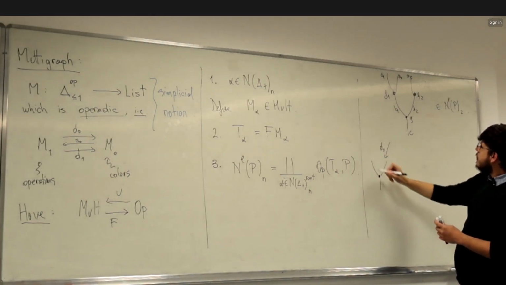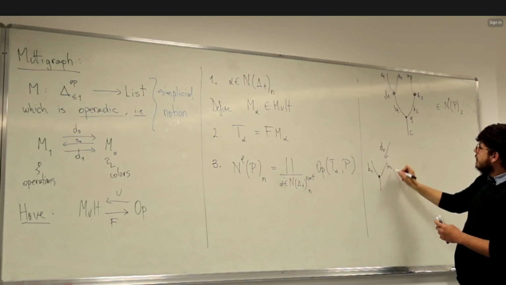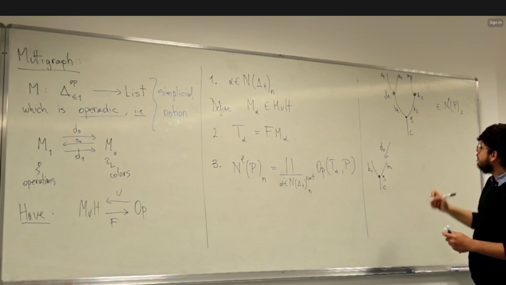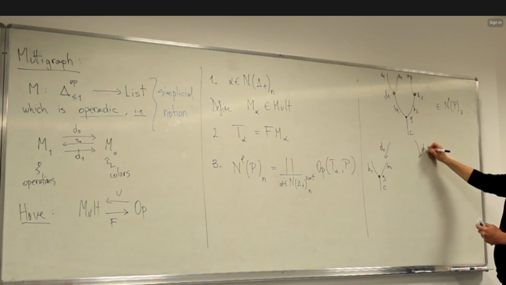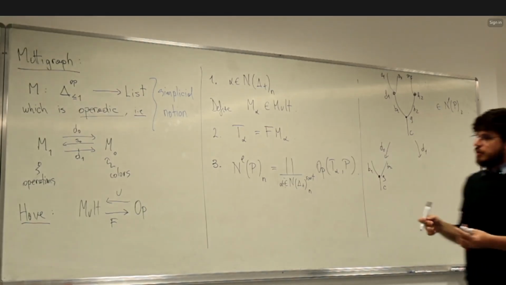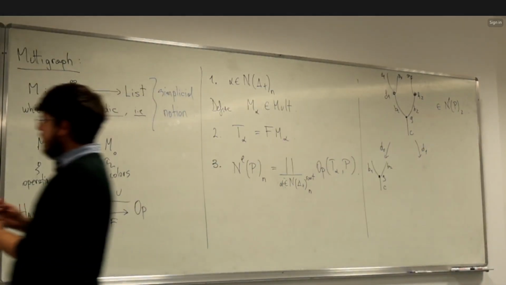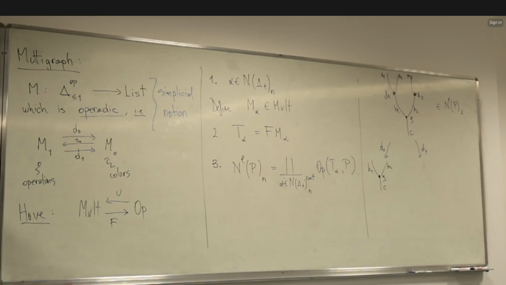So these are just our regular simplicial operations. And D1, like it's supposed to, acts by composing. So if I did D1 on this, I will compose these two maps to get something here.